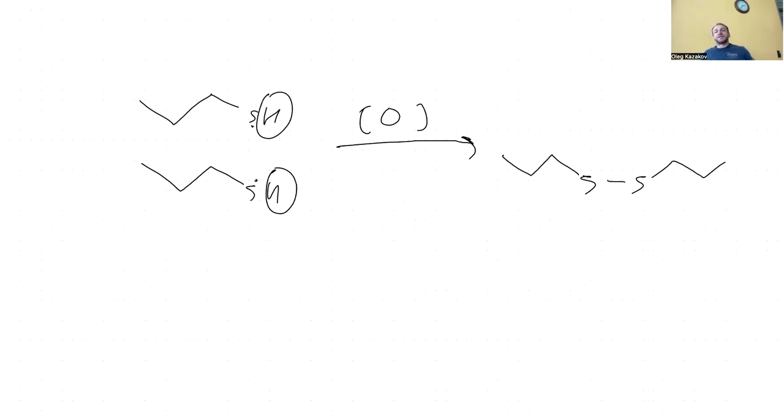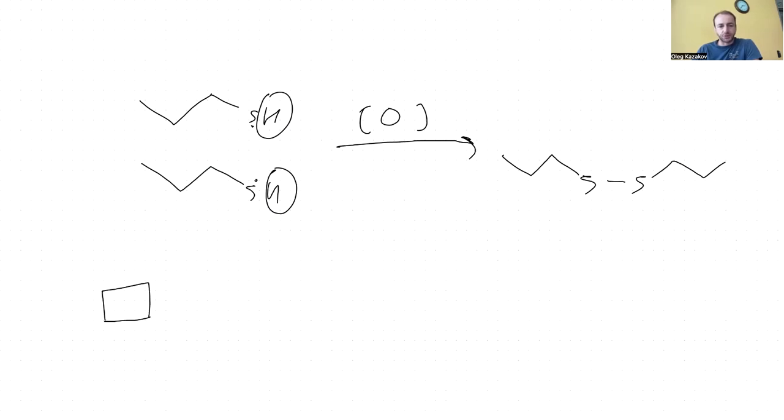If we use the same thiol molecules that undergo oxidation, we'll make a symmetrical disulfide, as we can see from here. Another situation could be, what if we have two thiols which are different? They can also undergo oxidation. Let's show some sort of thiol which looks like this. It's going to be a cyclic thiol.